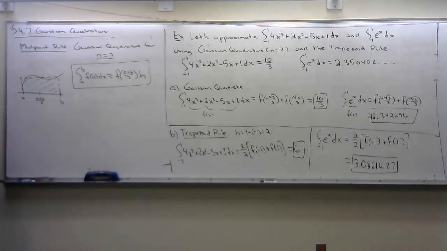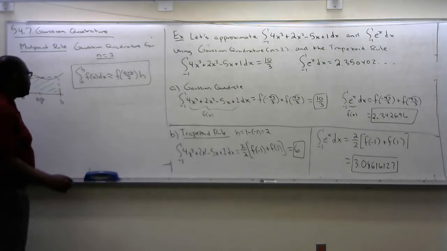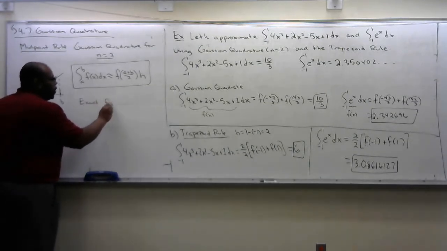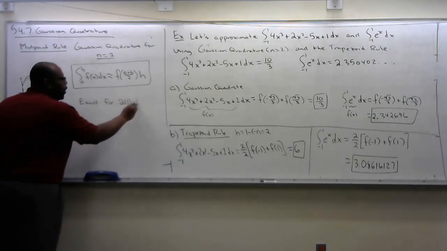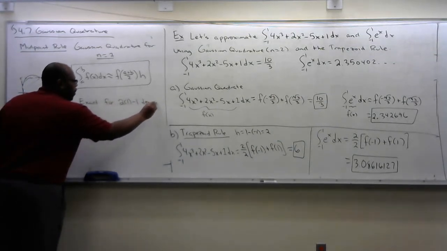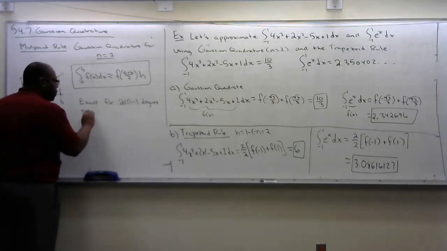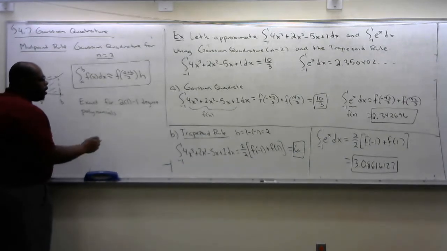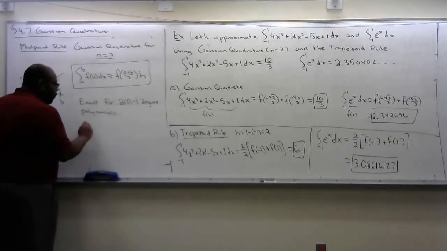For what degree polynomials will the midpoint rule be exact? The answer is we just do 2n minus 1. So exact for 2 times 1 minus 1 degree polynomials, meaning that this is good for first degree polynomials.